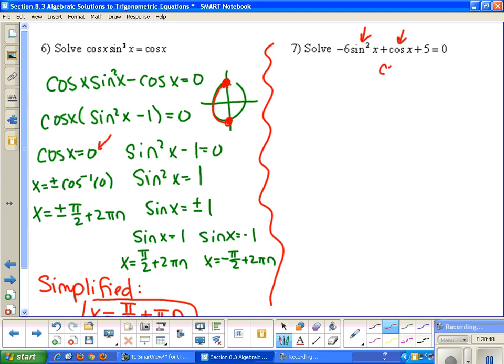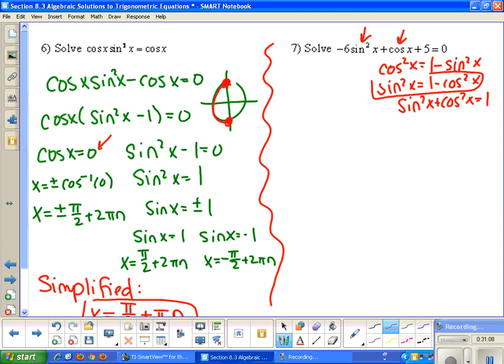Remember, we said that the cosine squared of x is equal to 1 minus sine squared x, and also sine squared x is equal to 1 minus cosine squared x by the Pythagorean identity, sine squared x plus cosine squared x equals 1. So what I'm going to do for this problem is I'm going to use this identity right here so that I can have everything in terms of cosine.